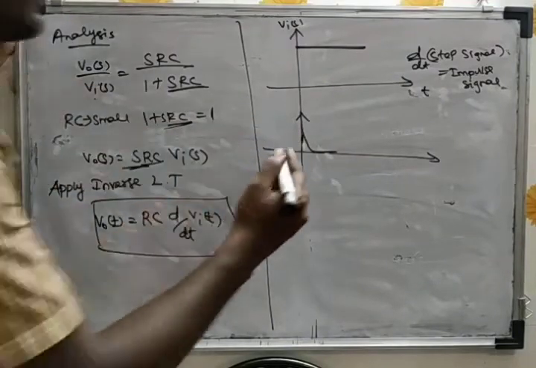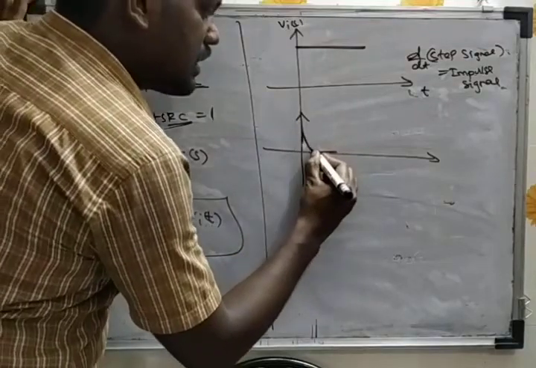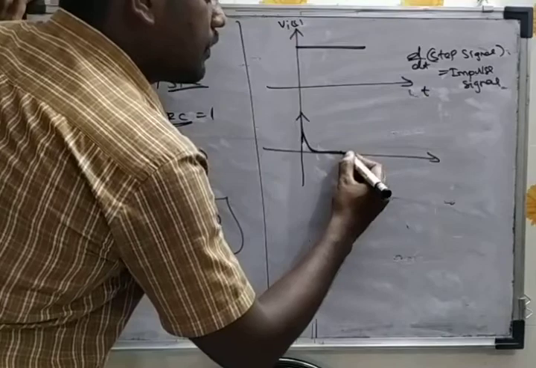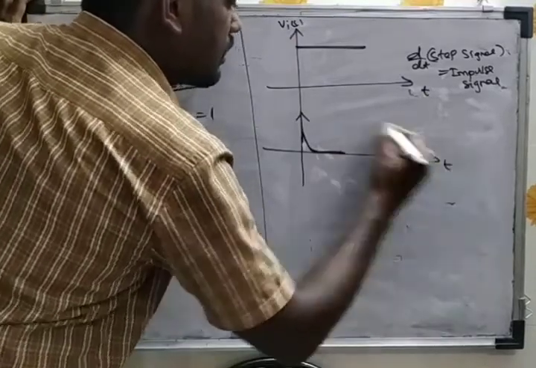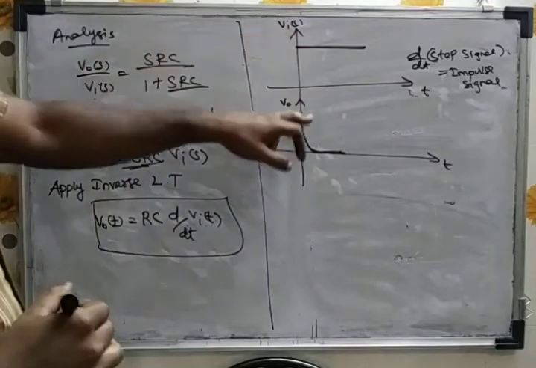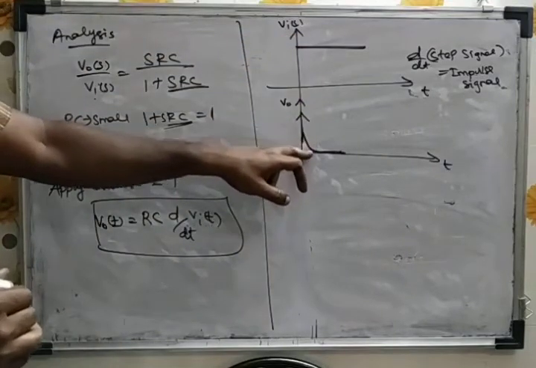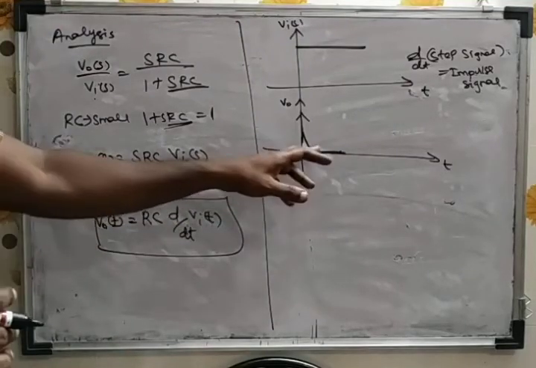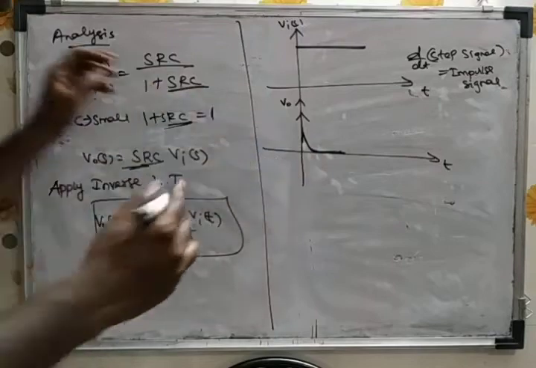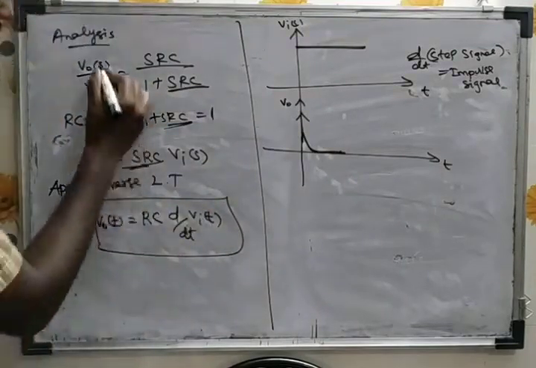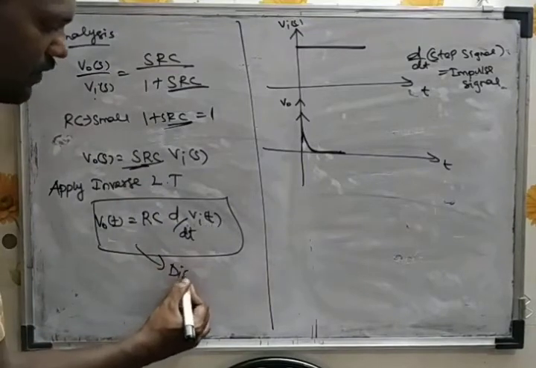You have a small discharging time like this. So when you apply a step signal, you get a narrow spike signal. When you get this narrow spike signal, we can approximate this circuit as a differentiator.